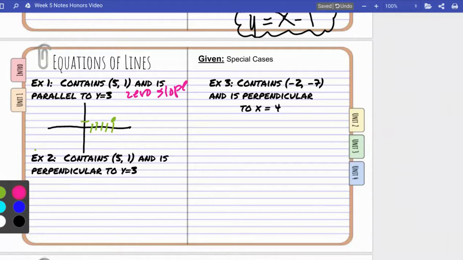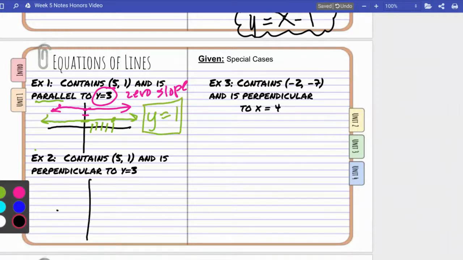Since it has a 0 slope, that means it's going to be horizontal. It has to go through 3 on the y-axis. So here's y equals 3. Well, I need a line that's parallel to that, so that's also going to have 0 slope. And it has to go through my point 5, 1. The equation of this line is y equals 1 because it goes through the y-axis at 1.